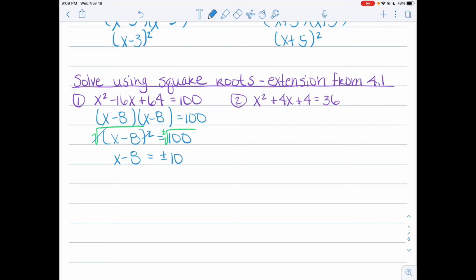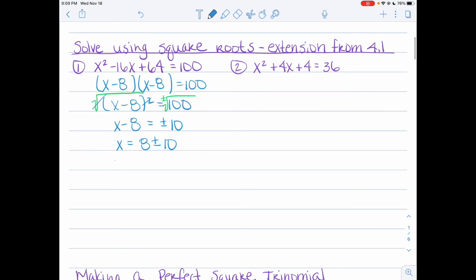It's the perfect square of 10, so that works out nicely. And so then I can move the 8 to the other side by adding it to both sides. x is equal to 8 plus or minus 10. And so 8 plus 10 is equal to 18. 8 minus 10 is equal to negative 2.